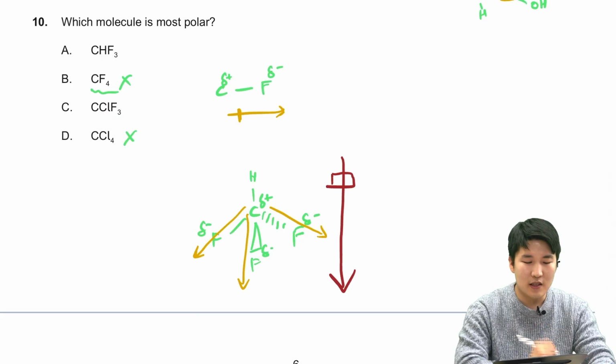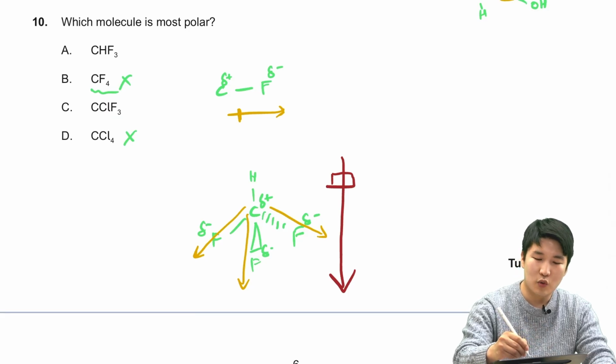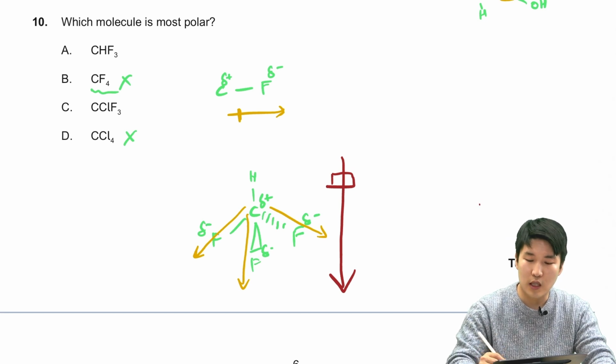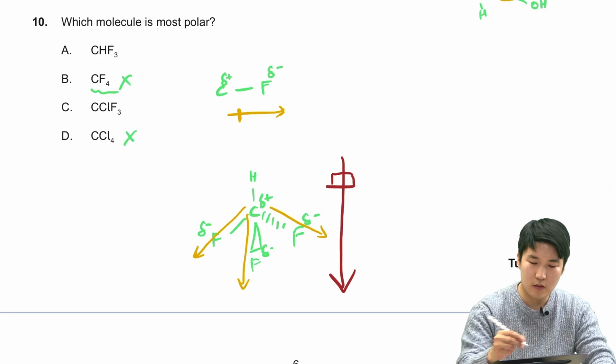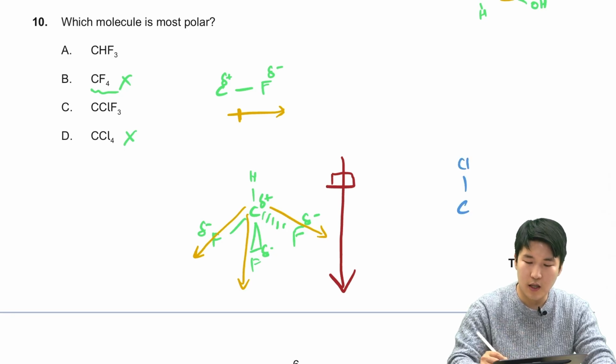Let's draw CClF3. I'm going to use a different color for this. I'm going to use blue and represent CClF3.